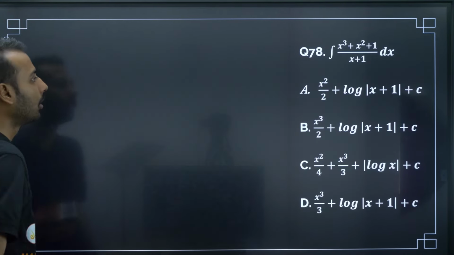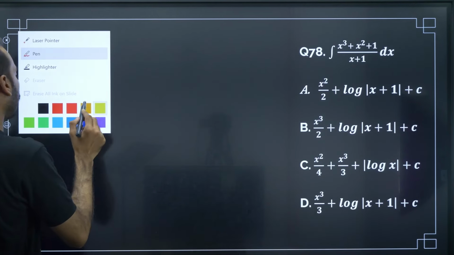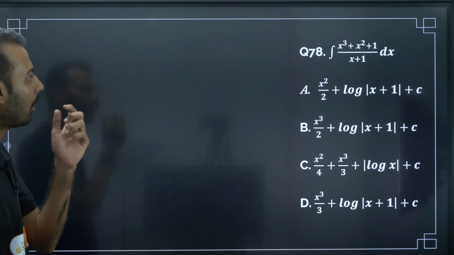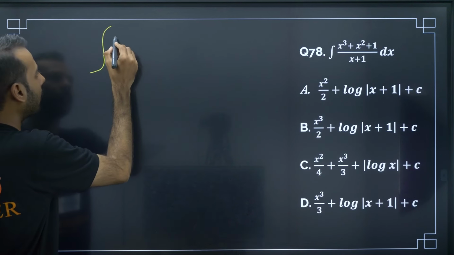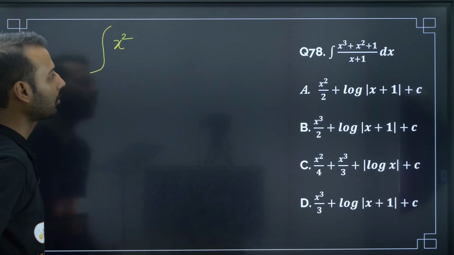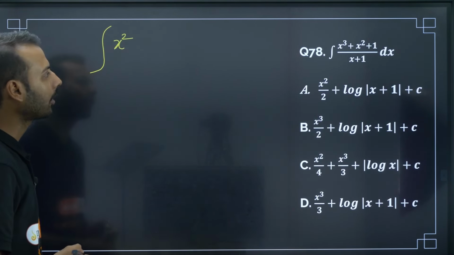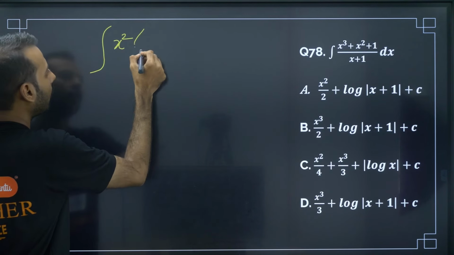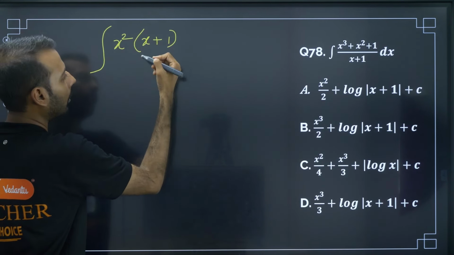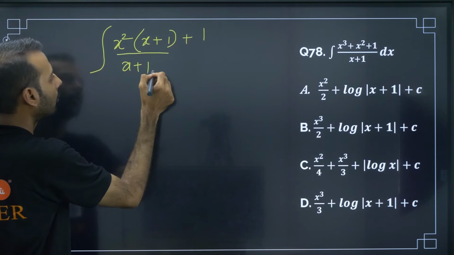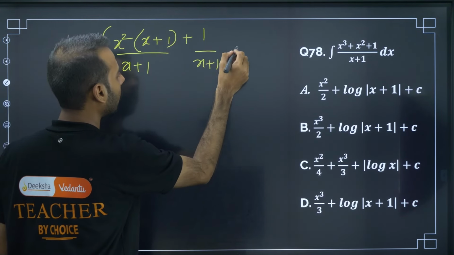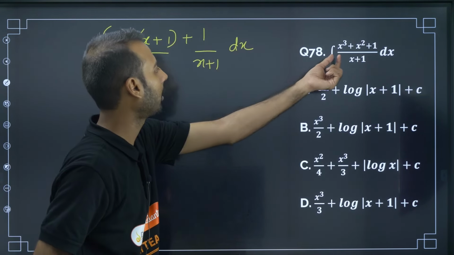Moving on to the next question. Integration of x cube plus x square plus 1 by, let me copy and paste that. If I write x square here, I am left with x plus 1 divided by this x plus 1, the same expression I am just copying and pasting.